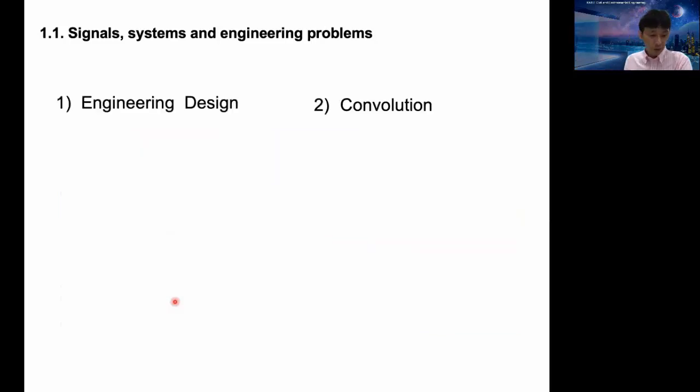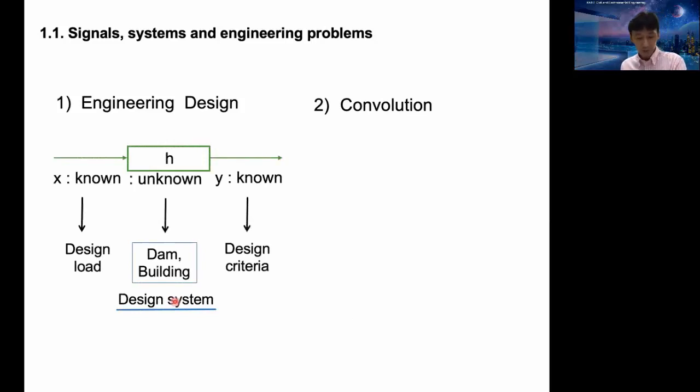So, engineering design, one example of them will be: we have a dam building to design, and we can expect the design load, right? For example, if it's an earthquake, then an earthquake comes back in 100 years, with a magnitude of 7.0.